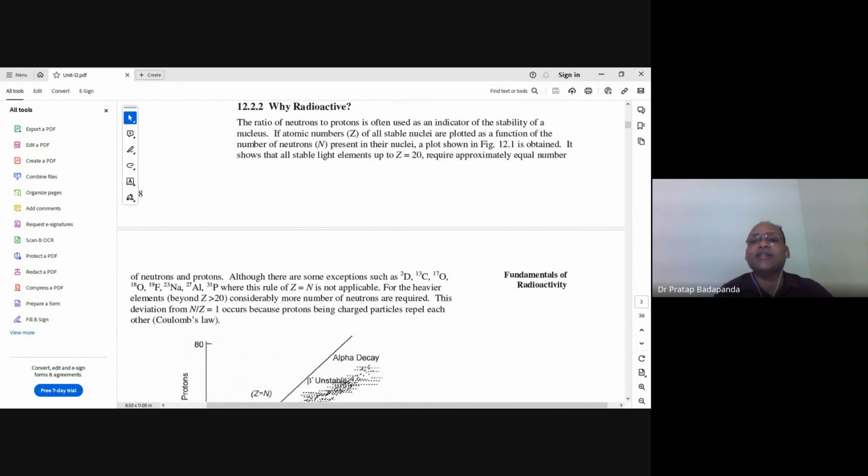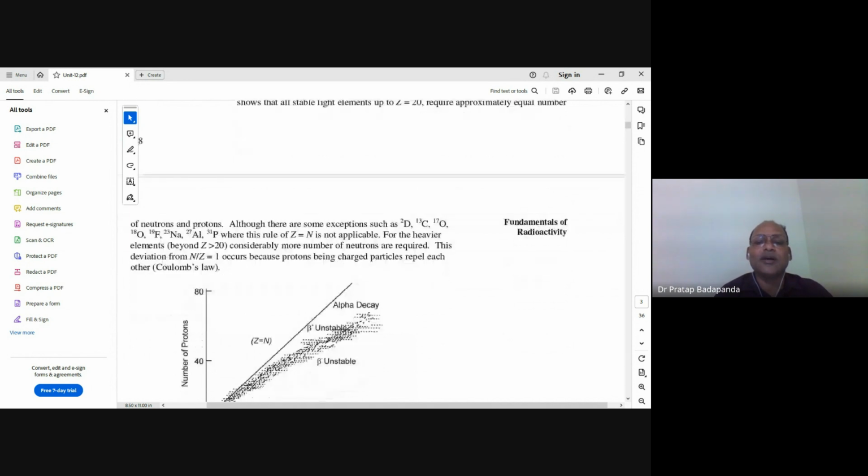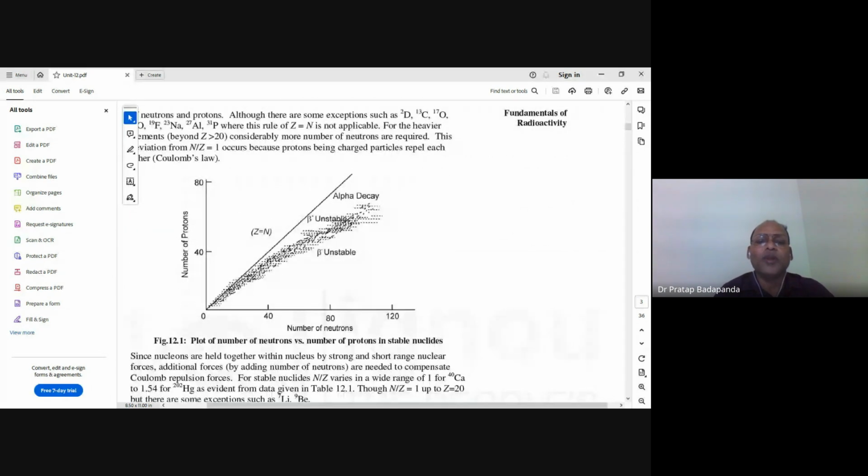So if the atomic number Z of all stable nuclei is plotted as a function of the number of neutrons in the nuclei, this is the plot. Okay, the plot of number of neutrons versus number of protons in the stable nuclei.